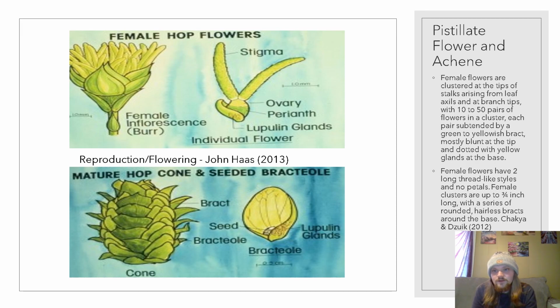The female flowers have two long thread-like styles and no petals. Female clusters are up to 3/4 inch long with a series of rounded hairless bracts around the base. And as you can see in the photos, it's just more of the botanical naming of the parts, from the cone to the flower.